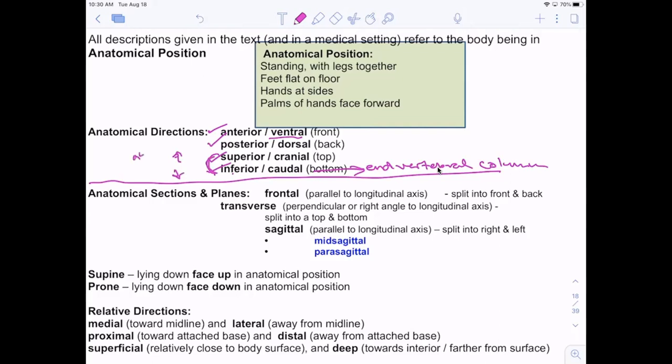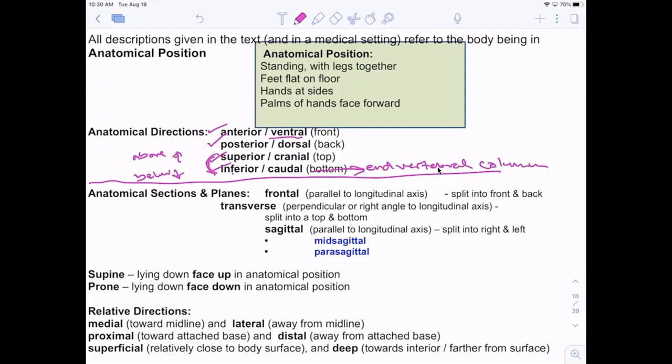It's like above or below. An example of that is saying my cranium, or head, is superior to my thorax, which would be my body, right? My thorax is inferior to my cranium. So that's kind of how we use those.